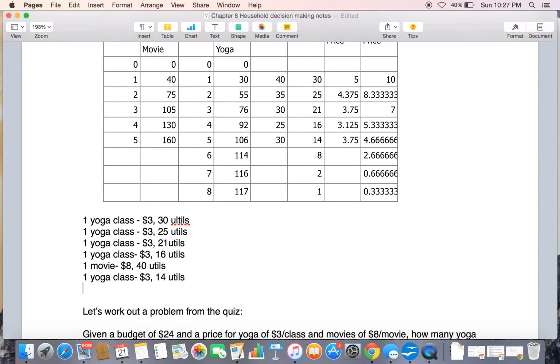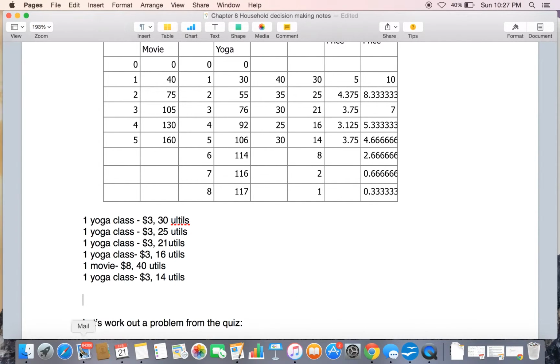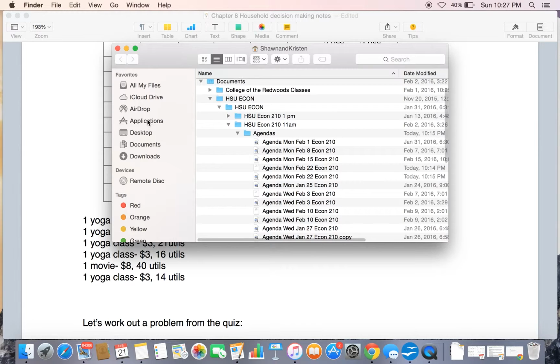This procedure will allow us to maximize our total utility. So let's see what our total utility is.